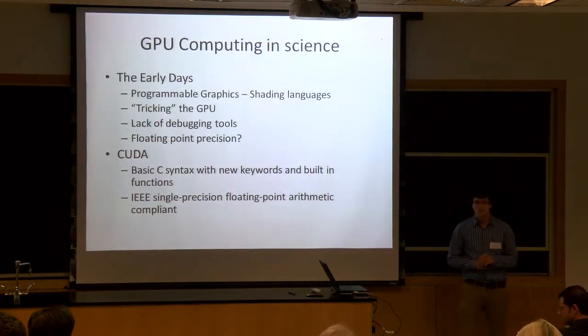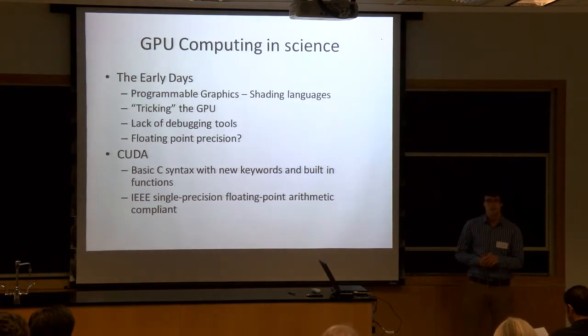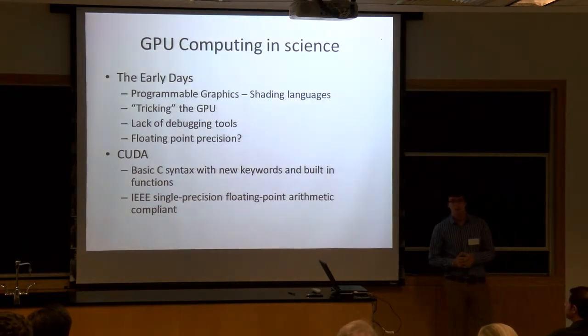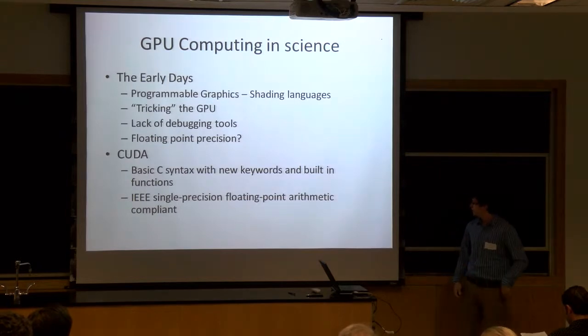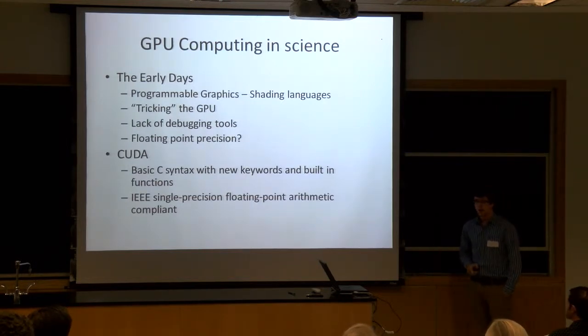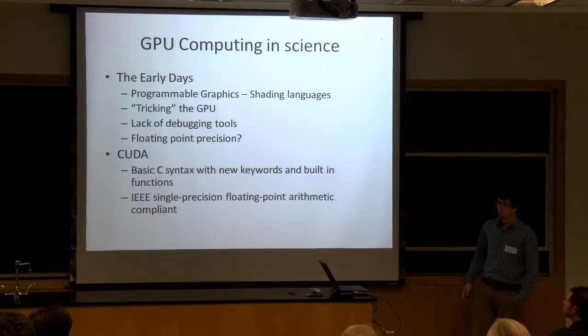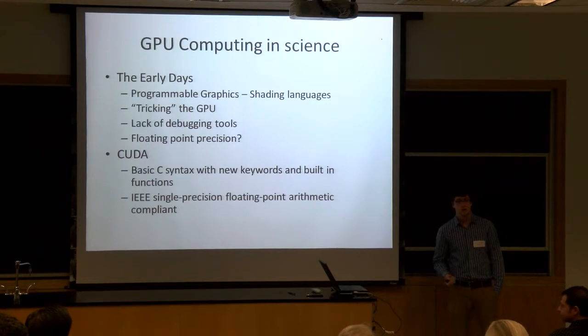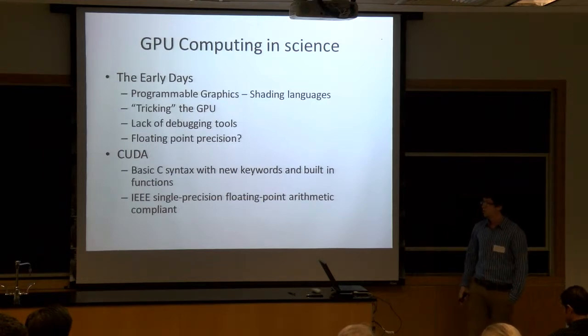In the sciences, GPU computing started off pretty rocky. It was discovered you could trick a graphics card, which is used to doing pixel shading calculations to figure out what color each of 2 million pixels should be, into doing math on whatever data you want. But early on that involved learning a shading language, there weren't debugging tools, and there was no guarantee of what precision your graphics card was capable of.